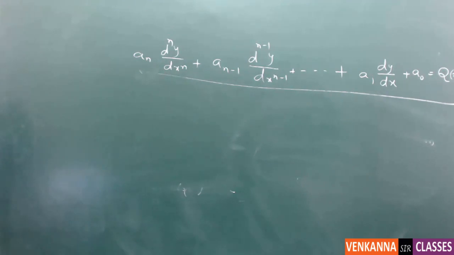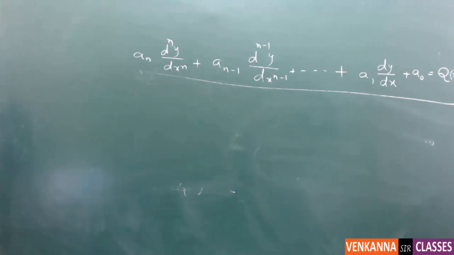If the right side part is 0, meaning if q is 0, it is called a homogeneous higher order differential equation. If the right side part is present, then it is called a non-homogeneous higher order differential equation.